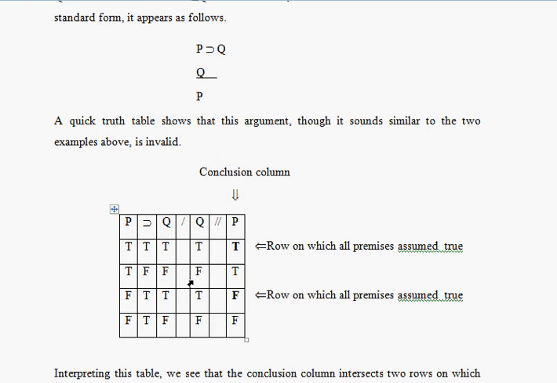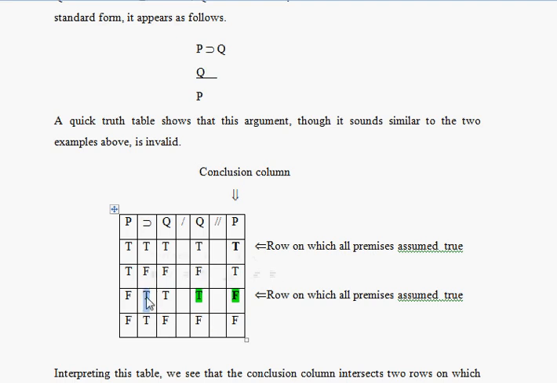What happens is you do this truth table, and you do find a row in which this premise is true, this premise is true, but the conclusion is false. And so you would highlight that in a different color so that we would know that this line here proves that it's invalid.